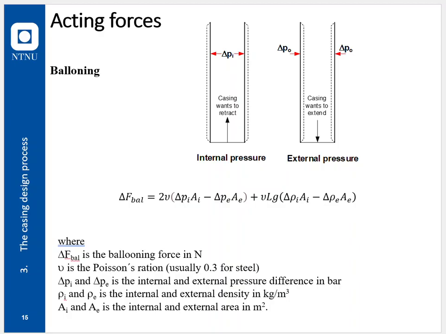Internal pressure will widen the pipe, as seen to the left in the drawing, and that makes it shorter. It wants to retract. Knowing that the pipe itself is actually fixed by cement in the bottom and locked in the casing hanger on top, the ballooning then will definitely add tension.